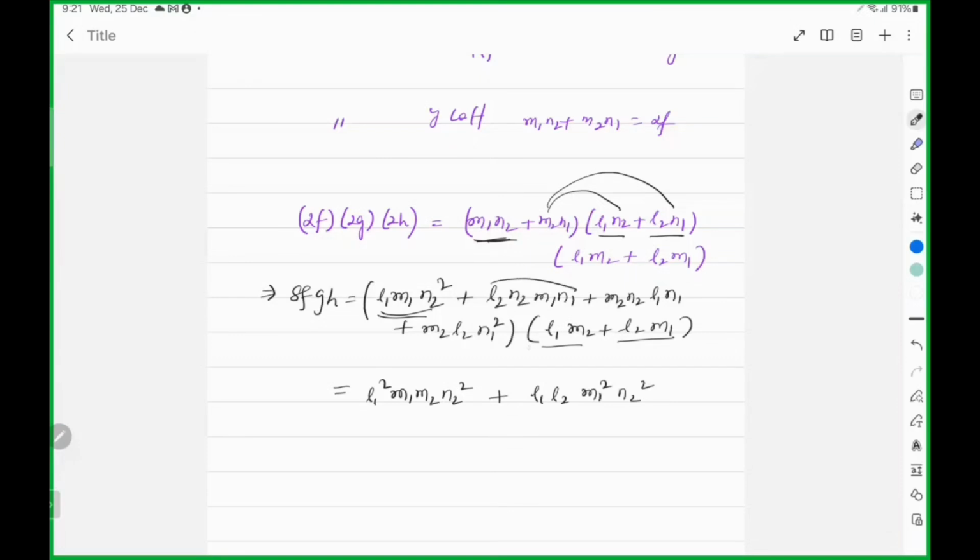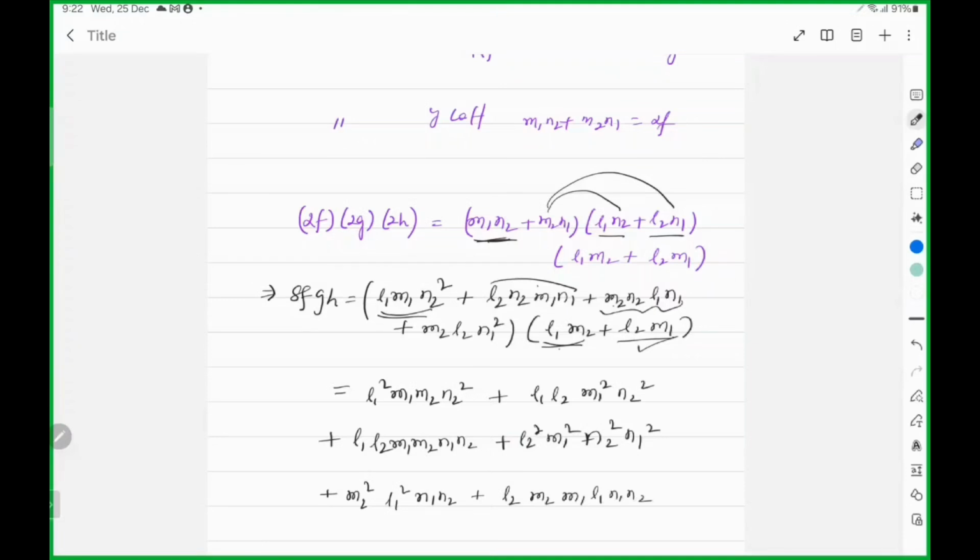After that, this into this, we get L1L2M1M2N1N2, and this into this L2²M1²N1N2, and this into this M2²L1²N1N2, plus this into this L2M2M1L1N1N2.